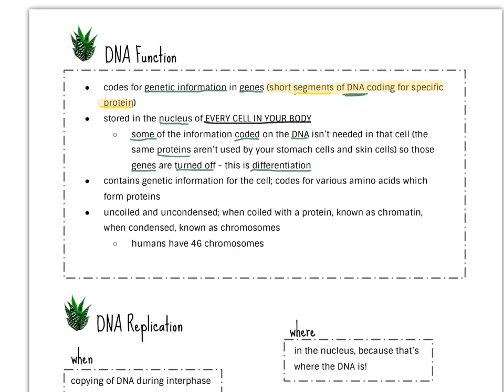So the DNA function, it contains the genetic information for the cell, which we kind of already said, but I'm really drilling it into your brain. It contains the genetic information for the cell because it codes for various amino acids which form proteins. So I'll draw a star around this one because here's another molecule of life.